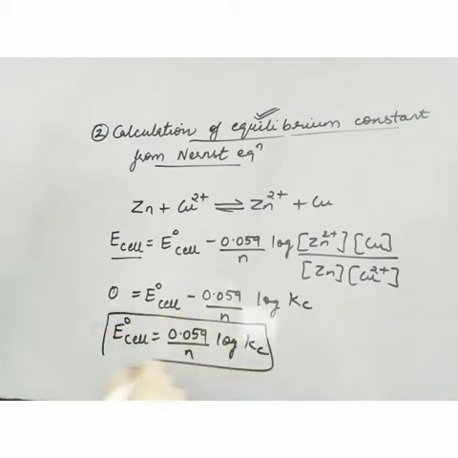It means the equilibrium constant is always related to E naught cell. The equilibrium constant is not at all related to E cell, because at equilibrium the EMF of cell is 0, means the cell is not producing any current. So we can get numerical based on this relation.